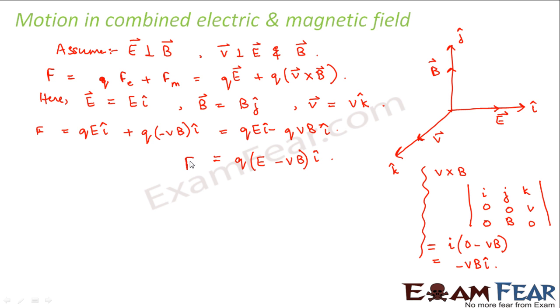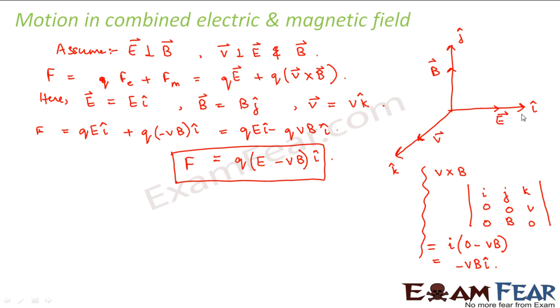So this is the net force that will act on the charged particle. So the net force due to electric as well as magnetic field that will act on the charged particle will be equal to this value. So the net force will act along the x-axis, that means along the direction of the electric field. So you understood how we evaluate this.